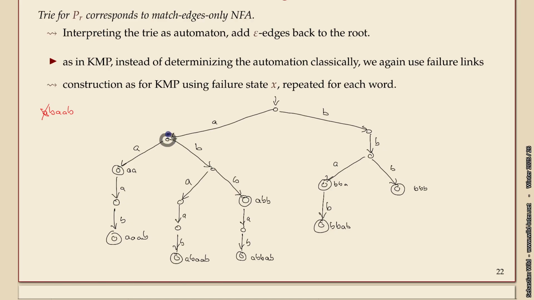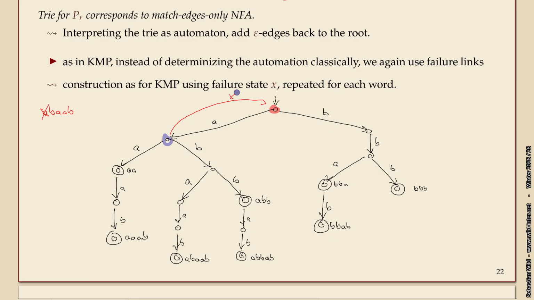So I'm starting at the root. Now I read an A. That's the part I only do with the blue. Now, red is still at the root because it starts one letter later. Where do I put the failure link from the blue pointer here? Well, to the red. And indeed, from the first level, they will always have to go back to the root.